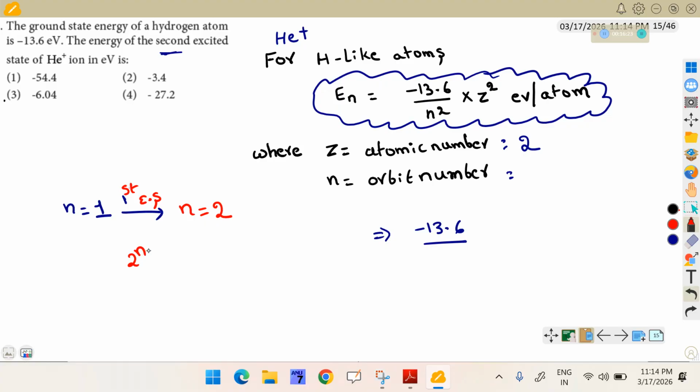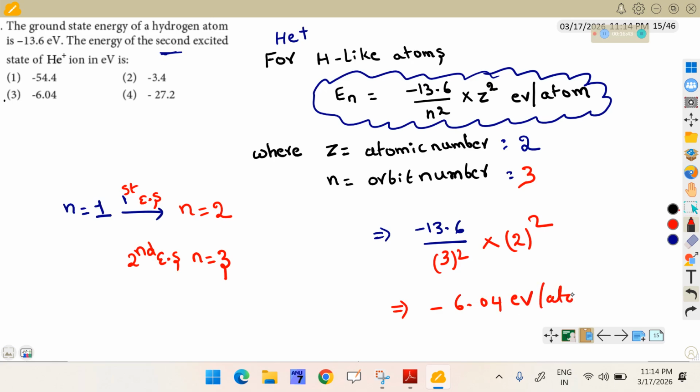Second excited state, the value of n is equal to 3. So n value is 3, 3 whole square, into Z value is 2, 2 whole square. Simplify, then you will get minus 6.04 electron volts per atom. So the third option is the correct option.